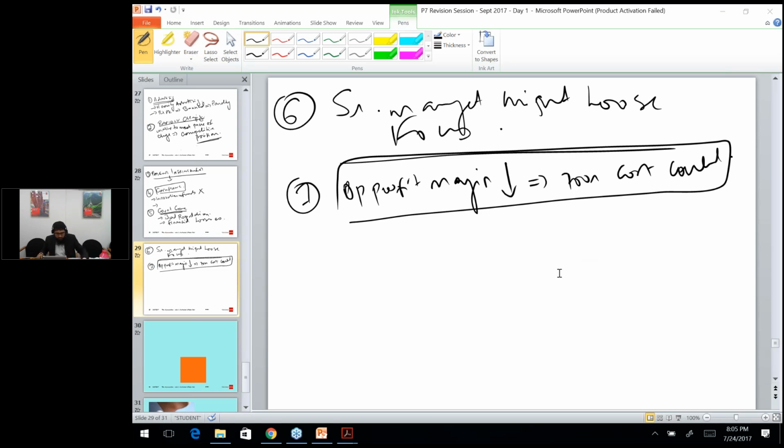Yeah, scrutiny by the licensing authority is a risk. Compliance risk could also be there. Anyone has any other question with respect to this?